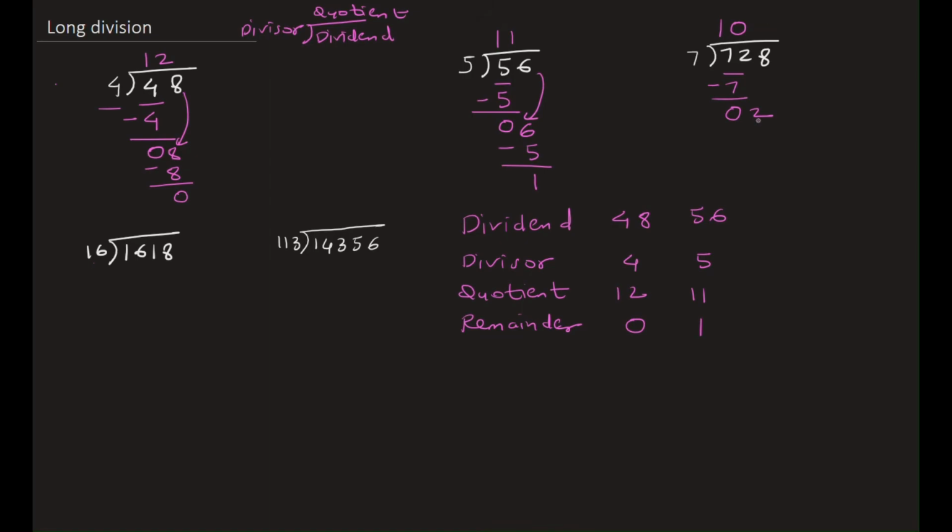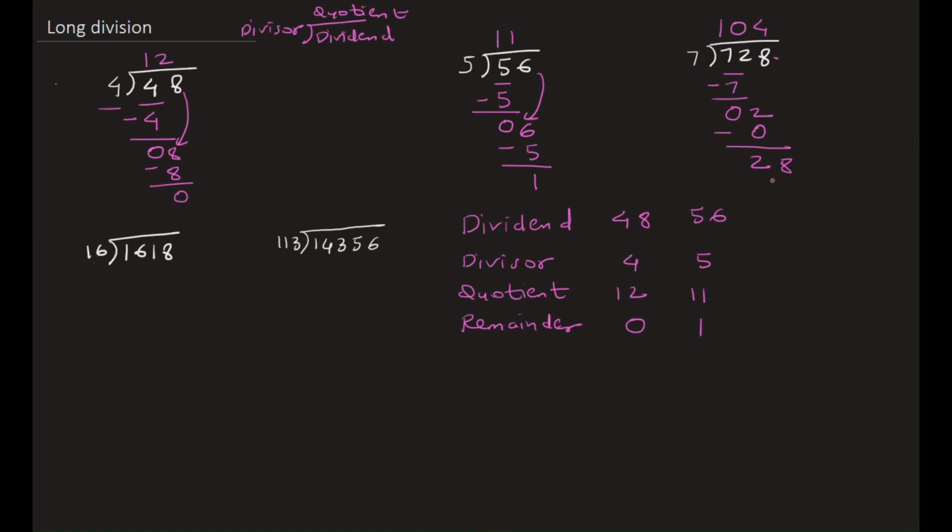In any such case where the digit of the dividend that I bring down is less than the divisor, then I write 0 in the quotient. I multiply the 0 with 7 and subtract it from 2, and the answer is 2. And then I bring the next digit down, which is 8. Now 7 goes exactly 4 times in 28.